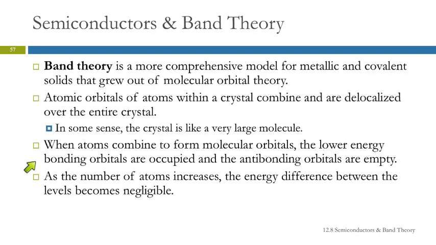When those atoms combine and form molecular orbitals, we've got bonding orbitals with lower energy and anti-bonding orbitals with higher energy. The bonding orbitals will be occupied, the anti-bonding orbitals will be empty. As you get more and more atoms in this crystal molecule, the energy difference between those levels becomes negligible.